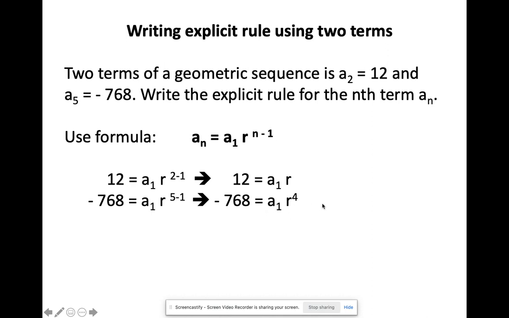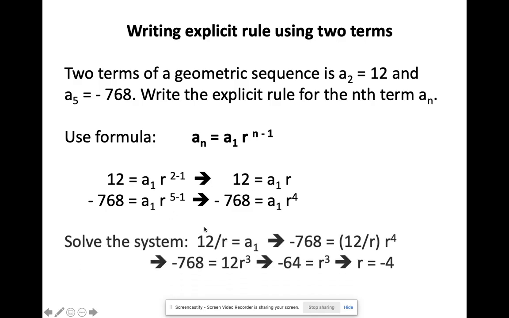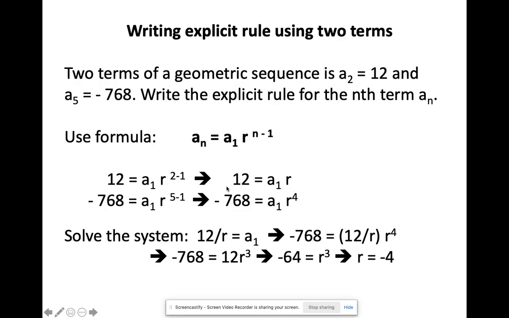So we're going to solve this simultaneously. I'm going to solve for a1 in the first equation by dividing both sides by r. If I divide this by r, I get 12 divided by r, which is equal to a1.